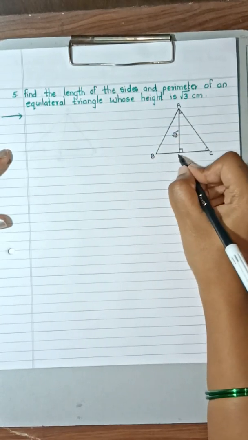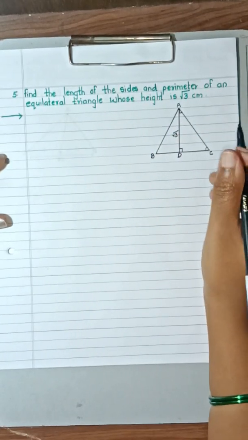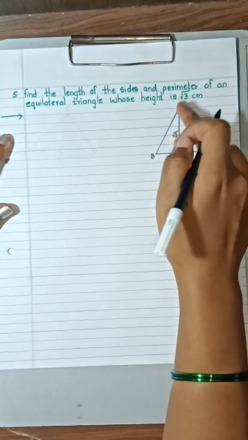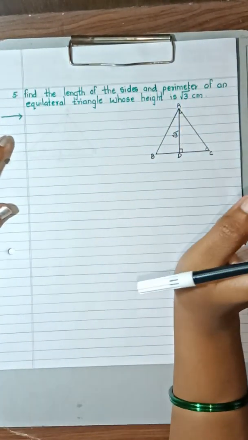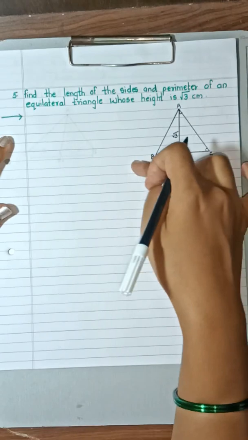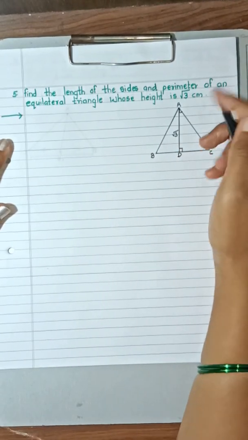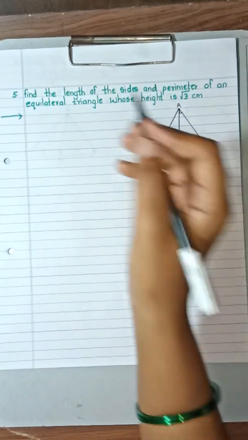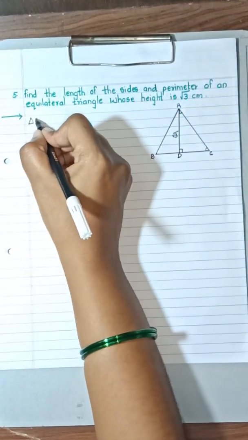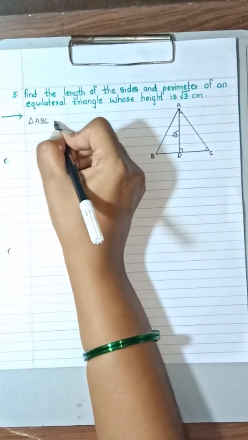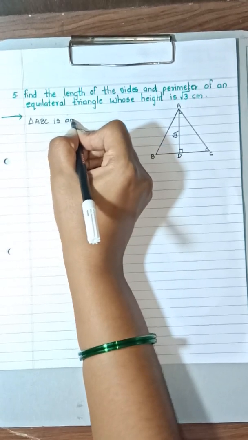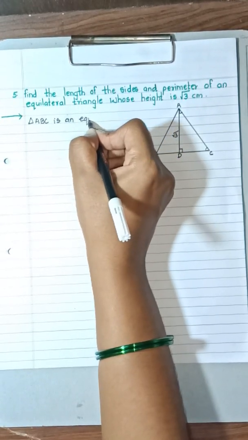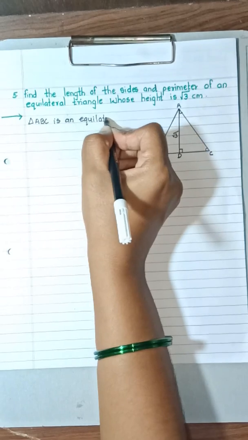I'll name here D. Okay, now let us write down triangle ABC is an equilateral triangle. And you can see this AD is perpendicular on BC and the length of AD they have given √3. So we'll write it down. Triangle ABC is an equilateral triangle.